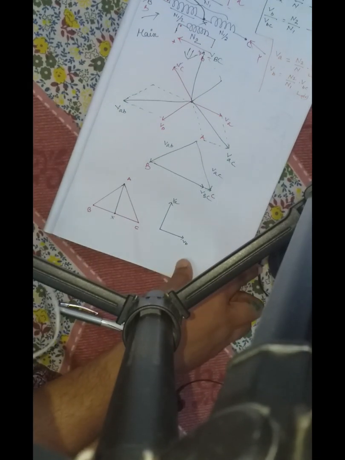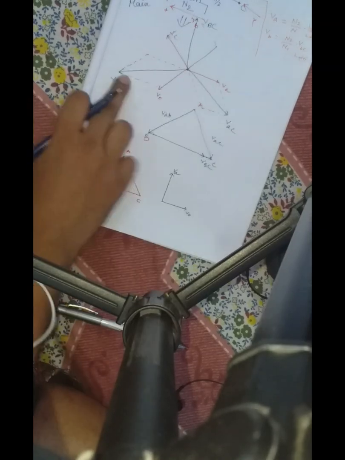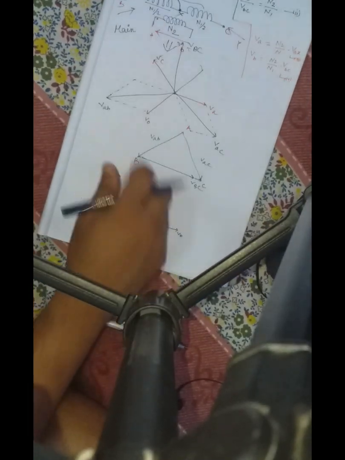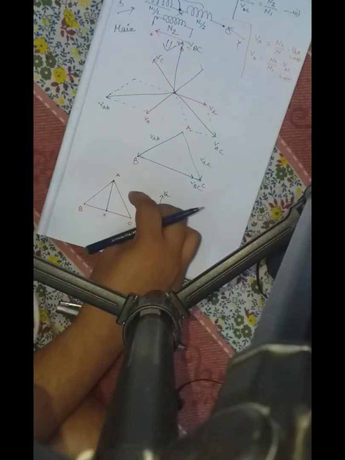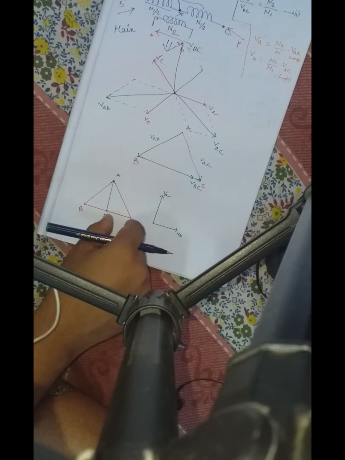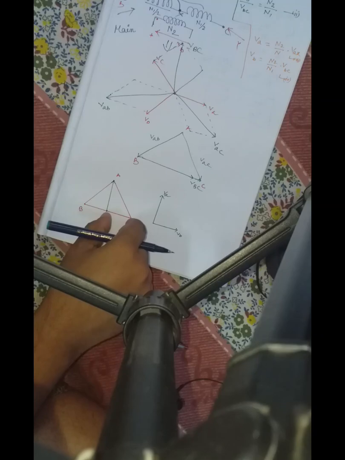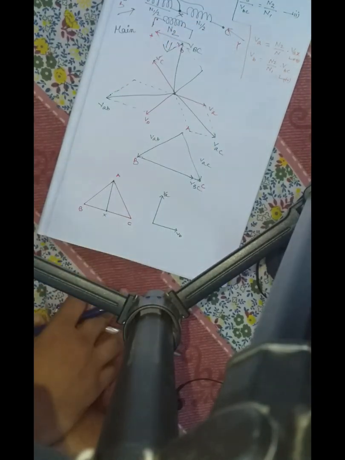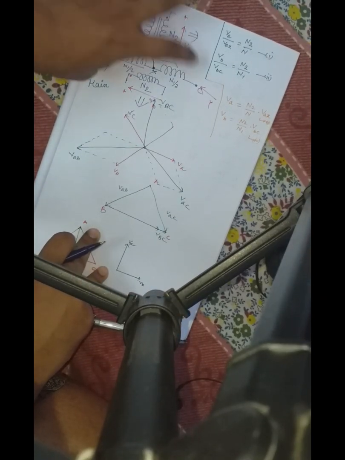So VAX is how many numbers of turns? VAX is equal to N number of turns. Suppose VAC is the line voltage. We give the three-phase supply here, at this point and this point.